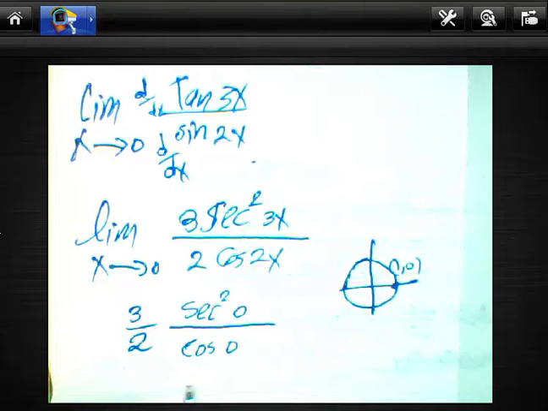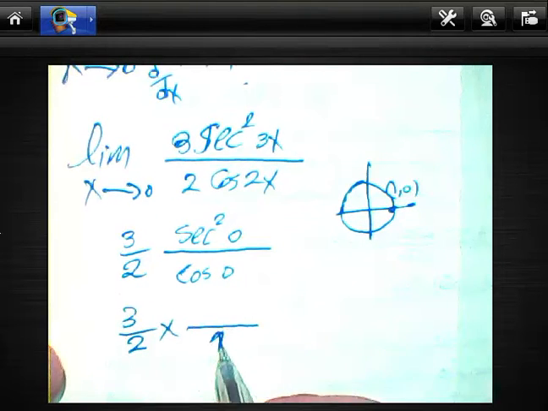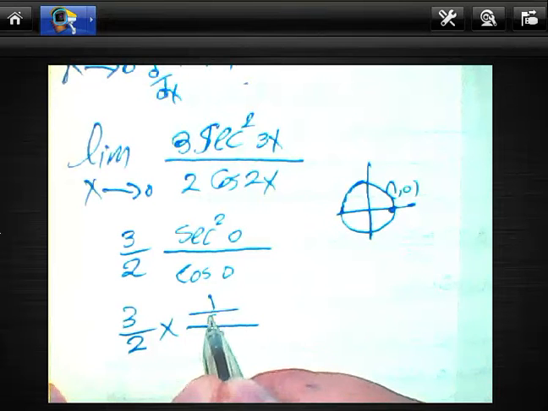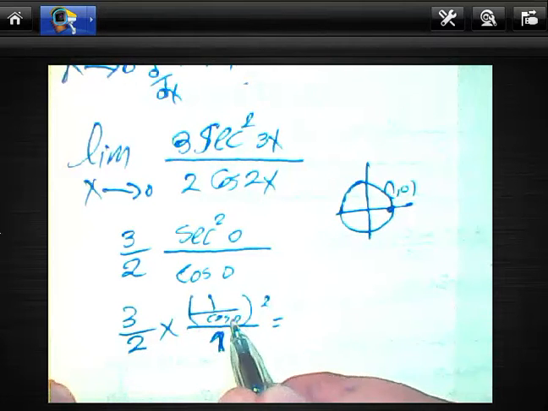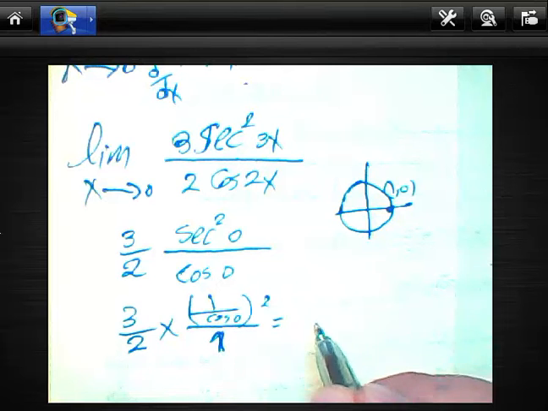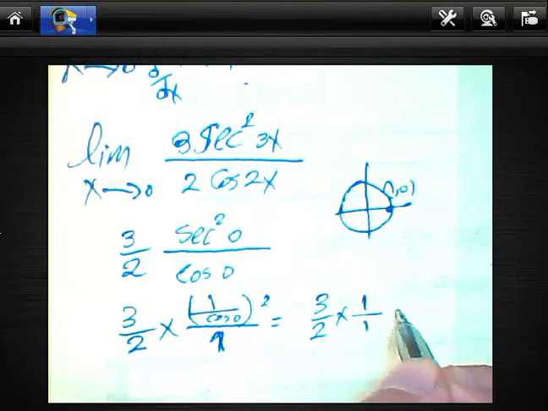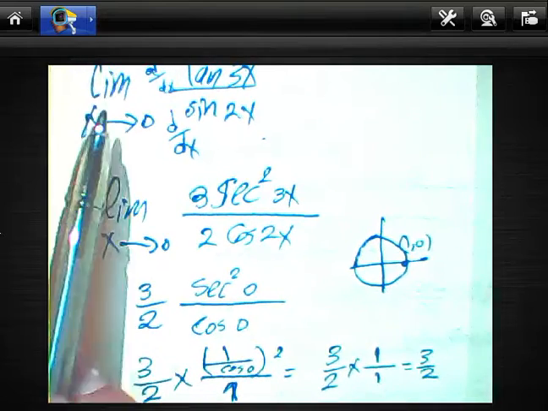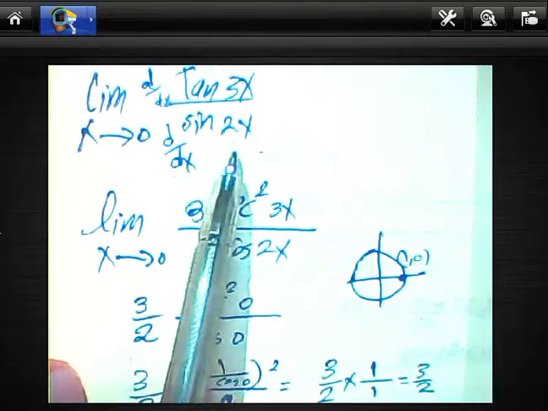So the result will be 3 over 2 multiplied by 1 in the numerator. And what about sec? Sec is the reciprocal of cosine, 1 over cosine 0, all squared. Cosine 0 equals 1, 1 divided by 1 equals 1, 1 squared equals 1, so the result will be 3 over 2 multiplied by 1 over 1, which is 3 over 2. The limit as x approaches 0 of tan 3x over sine 2x is 3 over 2.